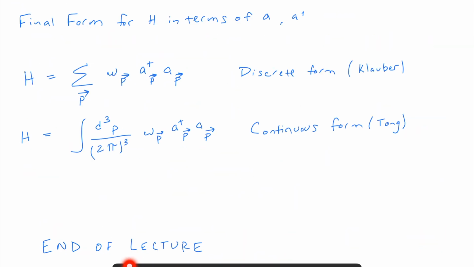At any rate, regardless of the reason, for all the reasons that we said, this is our final, very important form for our Hamiltonian that we've now re-expressed in terms of a and a daggers. We got rid of that infinity term. This is the discrete form that you will see, for example, in Klauber's book. And this is the continuous form that you'll see in David Tong's notes.